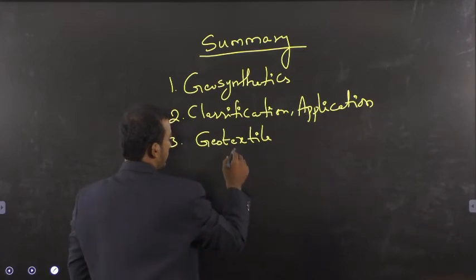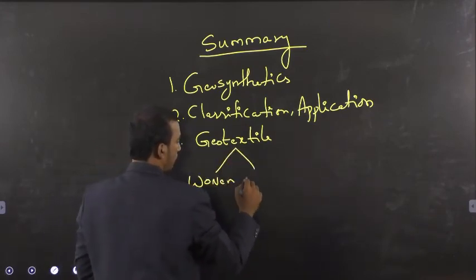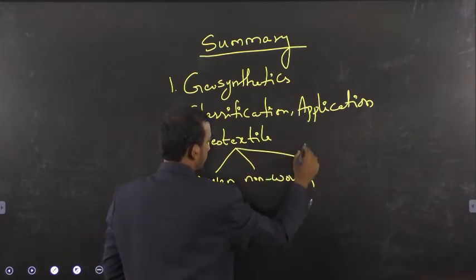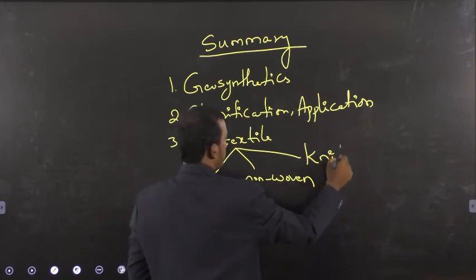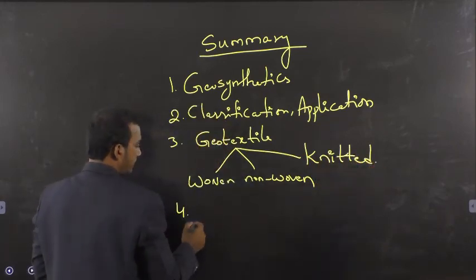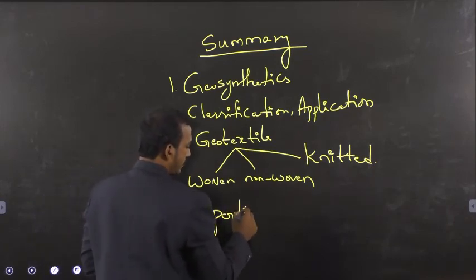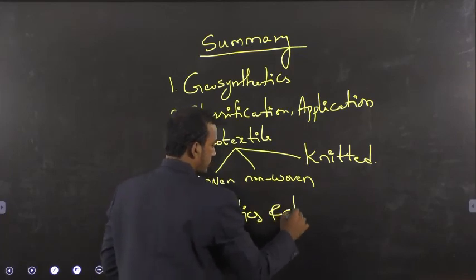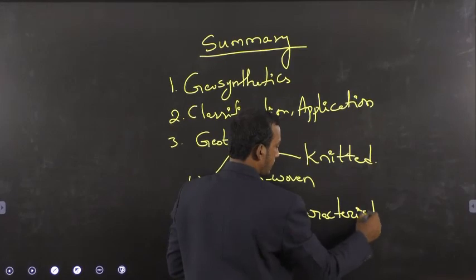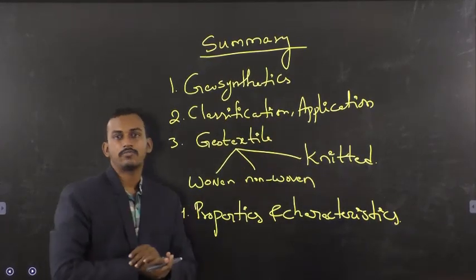What are the various types of geotextiles? Woven, non-woven and knitted type. These three types of geotextiles are available, and we discussed the properties, physical properties and characteristics of geotextiles. These two topics we also discussed. In our next class we are going to see the various functions of geotextiles.